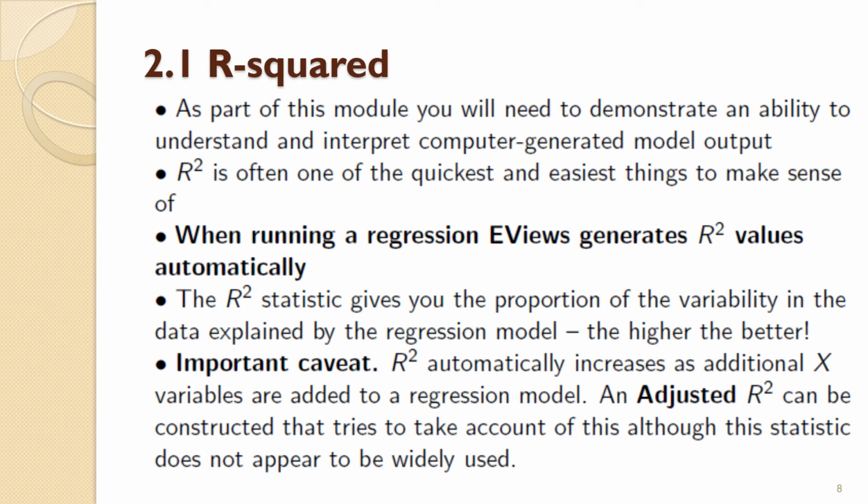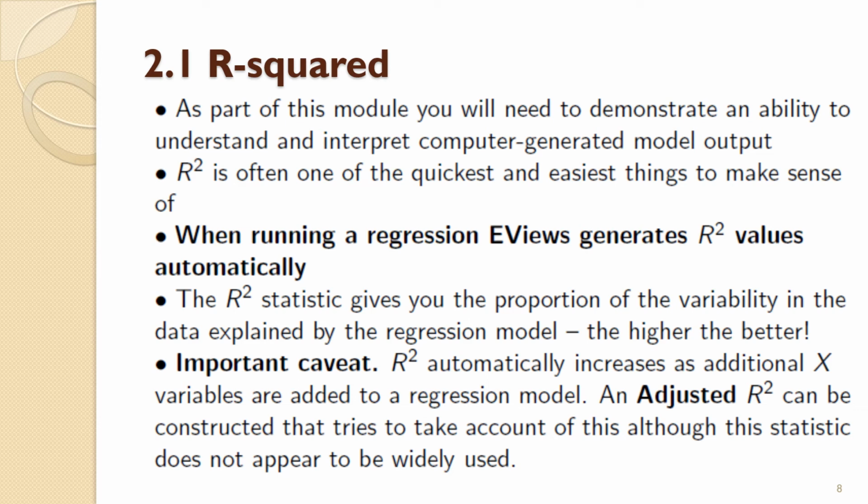So essentially, the higher the better, because you want to explain as much as possible in the data. Now there is an important caveat. R squared automatically increases as additional x variables are added to a regression model. Now this happens even if those x variables don't actually lead to any improvement in the regression model.